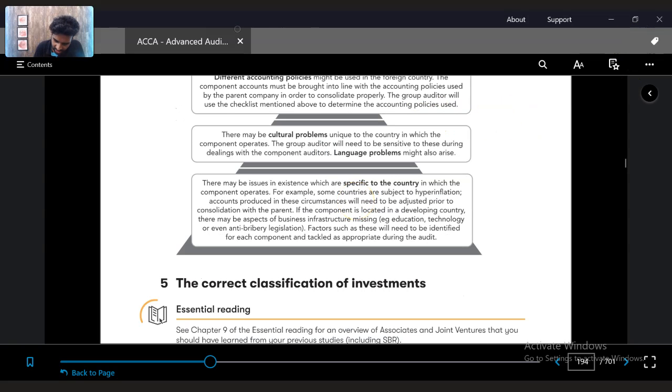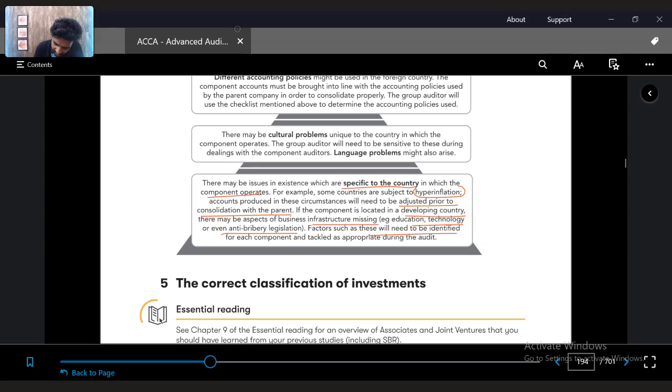There may be issues which are specific to the country in which the component operates. For example, some countries are subject to hyperinflation. Accounts produced in these circumstances will need to be adjusted prior to consolidation. If the component is located in a developing country, there may be aspects of business infrastructure missing, for example education, technology, even anti-bribery legislation.